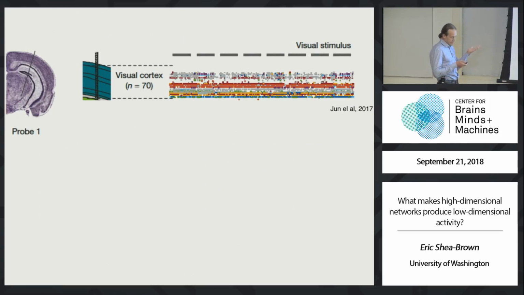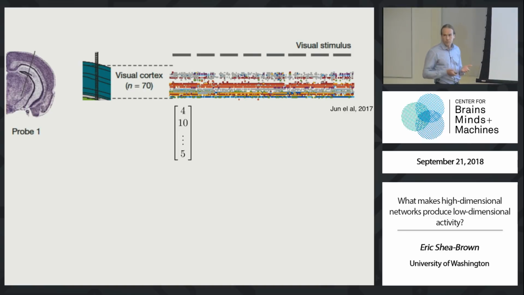Okay, so the topic is something very familiar to all of us, doubtless in the room. These days, right, we all make recordings from tons of cells at once, or are lucky enough to collaborate with people who do. And when we describe what those responses look like, they are a lot of numbers at once. For example, a vector of spike counts coming out of each of however many cells I'm recording simultaneously.